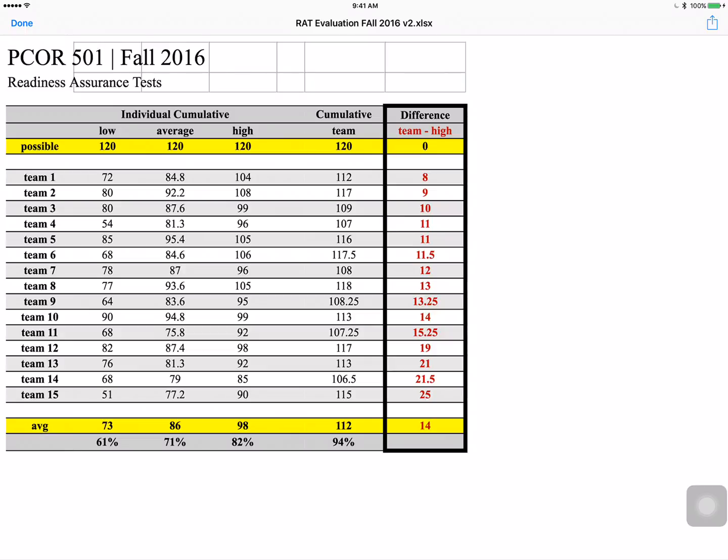What this tells us is that teams inherently have more resources to do better, even than their best super chicken, if you think back to the beginning of the quarter. Even if they had somebody who was a really stellar performer, a team has even more resources than that one person.